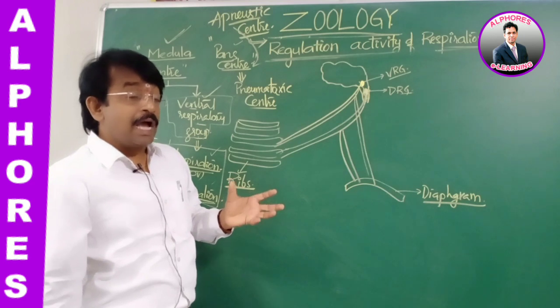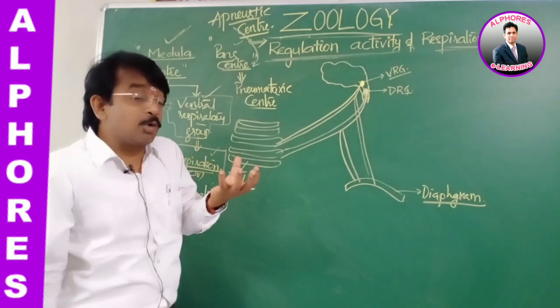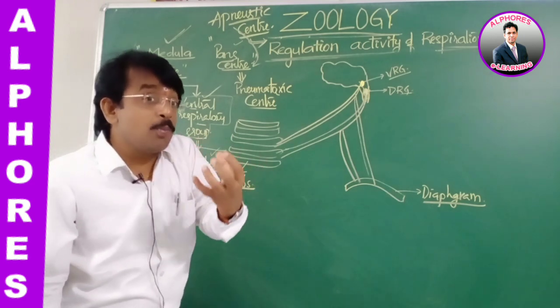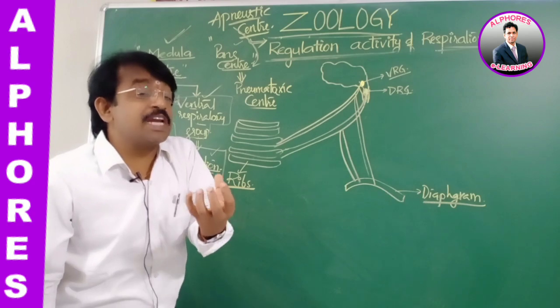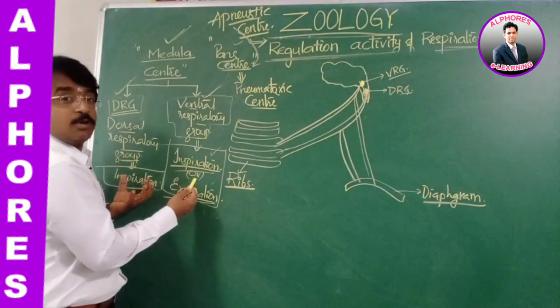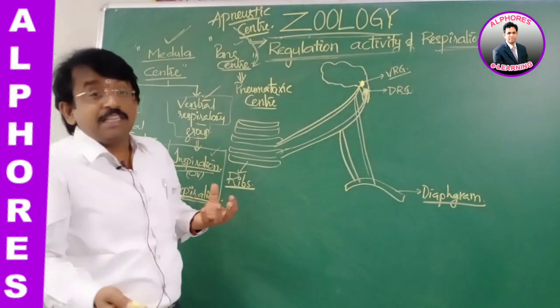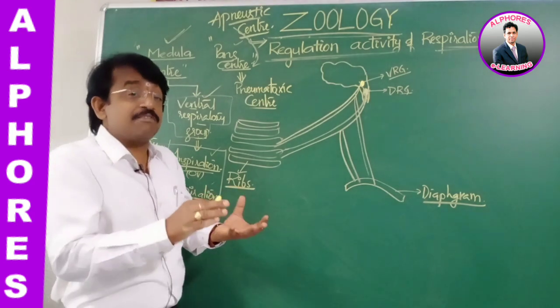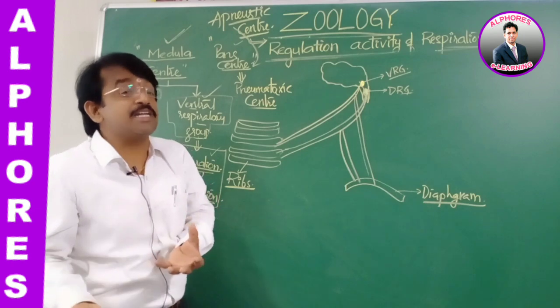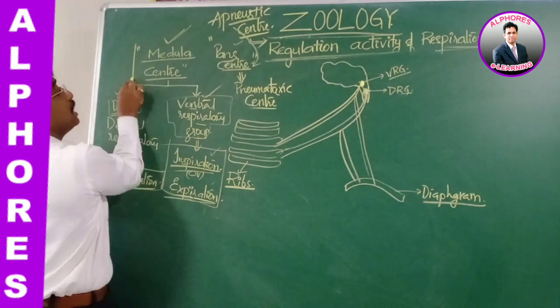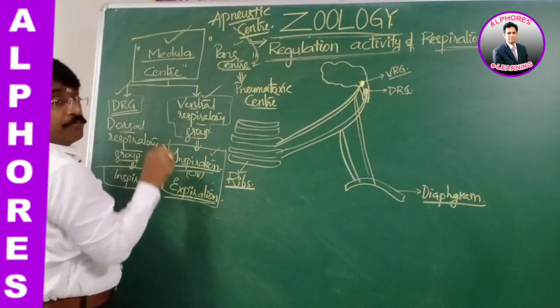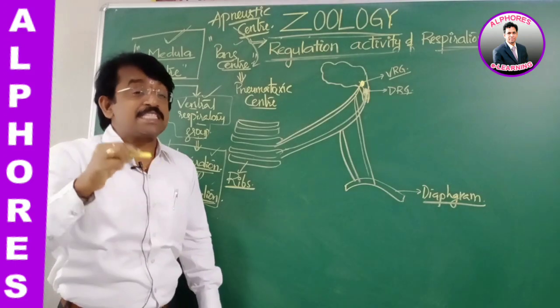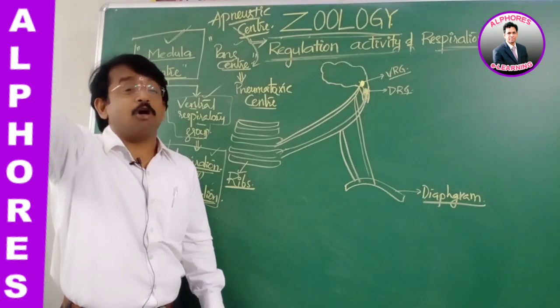Now, how it is controlled depends on which group of neurons gives the stimulation. If a person is suffering from a problem of inspiration or expiration, it is regulated by the type of neuron group giving signals to the medulla oblongata.